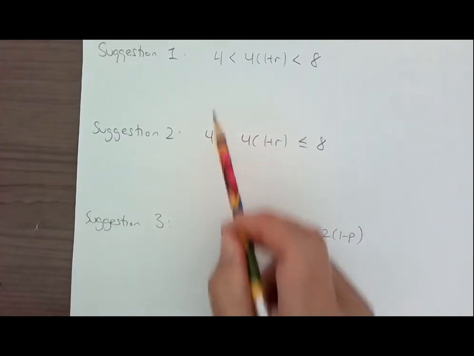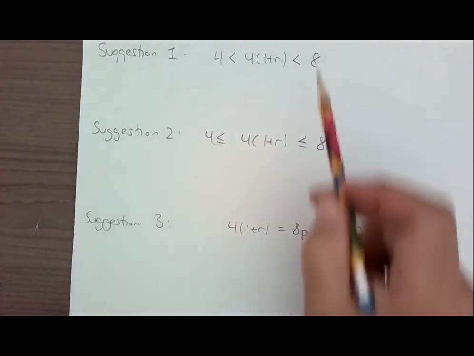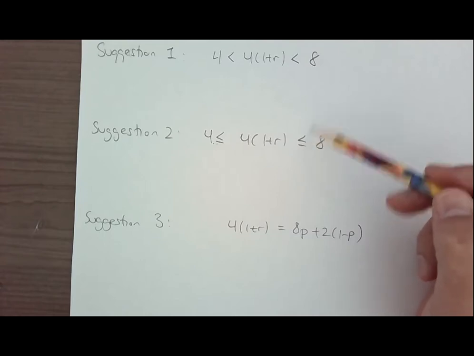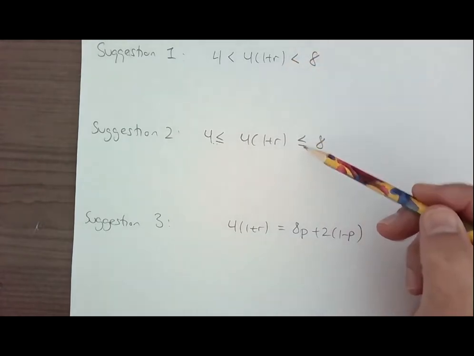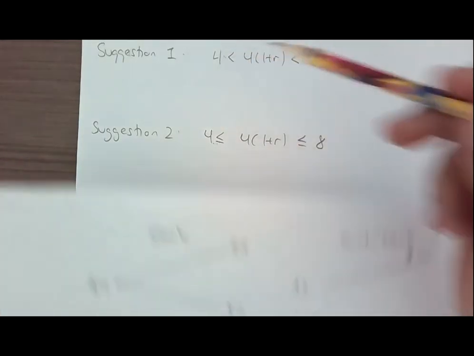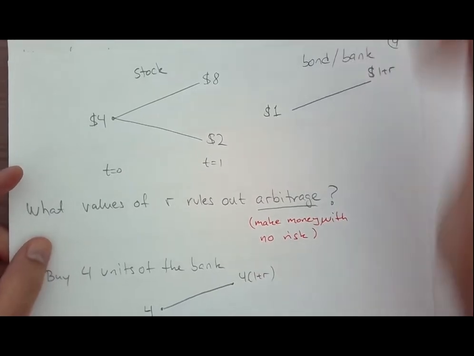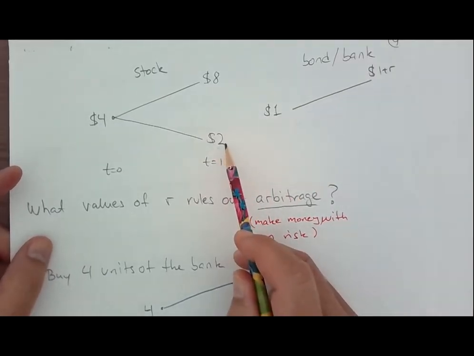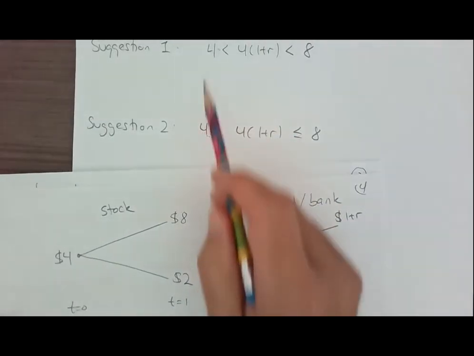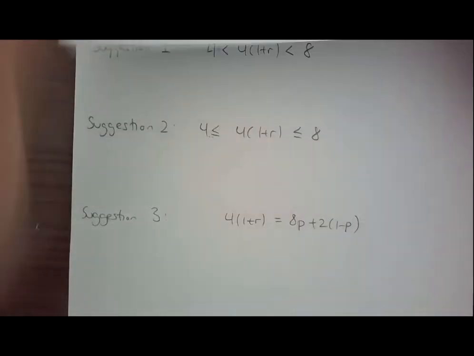I don't like the 4 in these 2 spots. I like the 8, and then we can always have a debate about whether it should be less than 8 or strictly less than 8. But the 4 here I don't like, because what we're looking at here is the 2. So I would suggest that we put a 2 there instead. So let me do that.